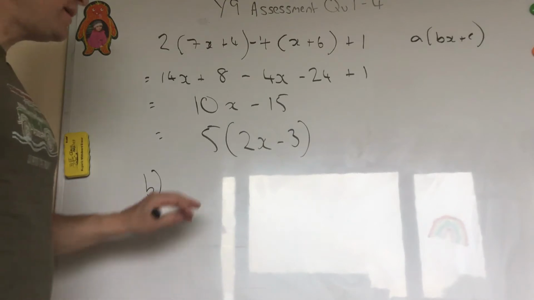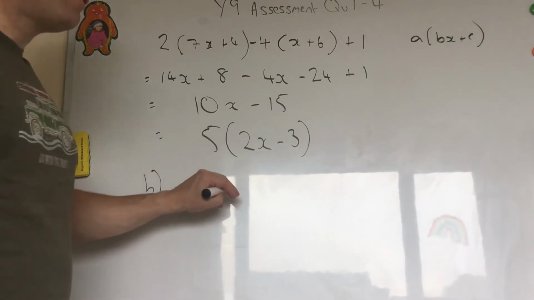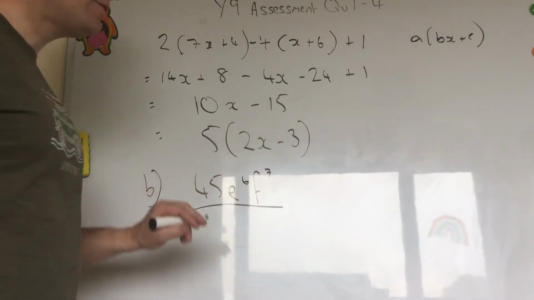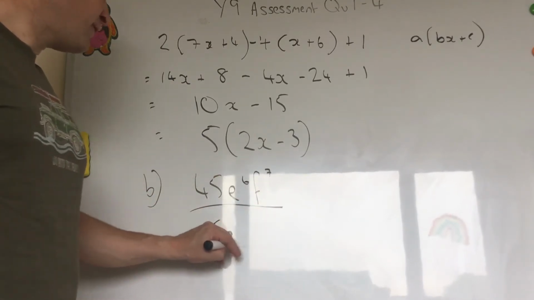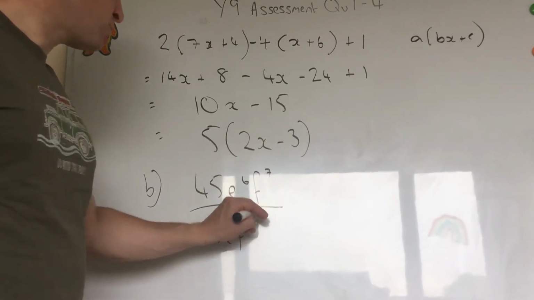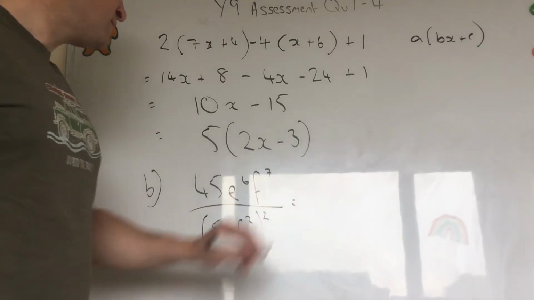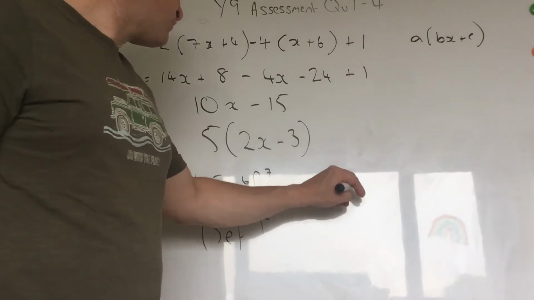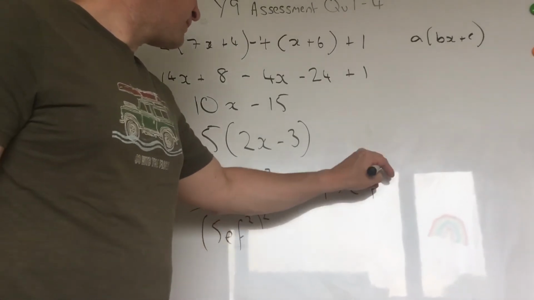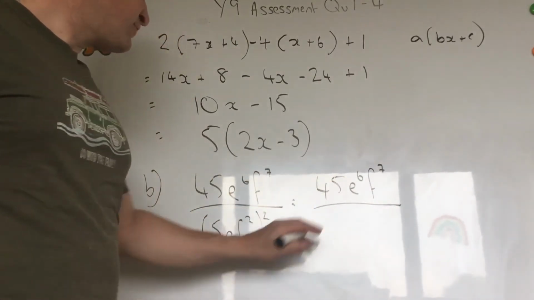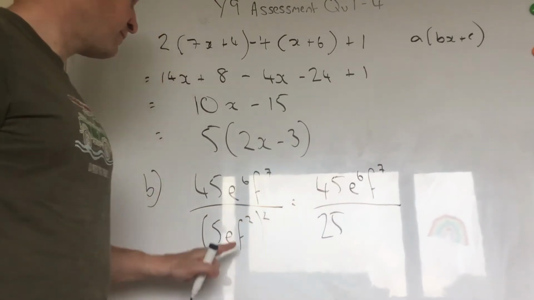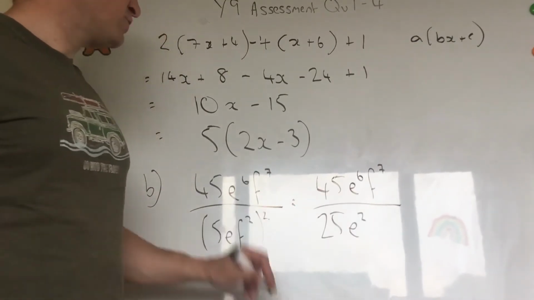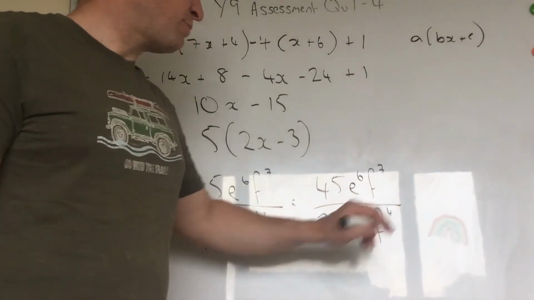Part B. Simplify 45 e to the 6 f to the 7 over (5e f squared) all squared. First of all I'm going to square the bracket on the bottom. The top doesn't change. 5 squared is 25, e squared is e squared, and f squared squared is f to the power 4.